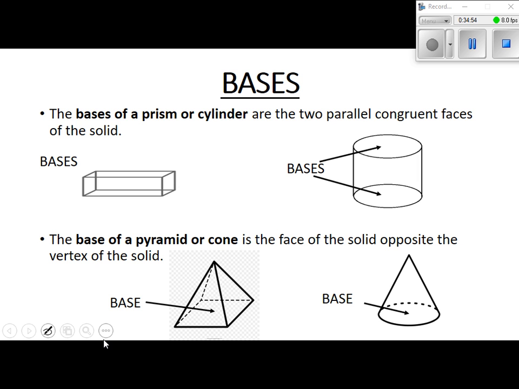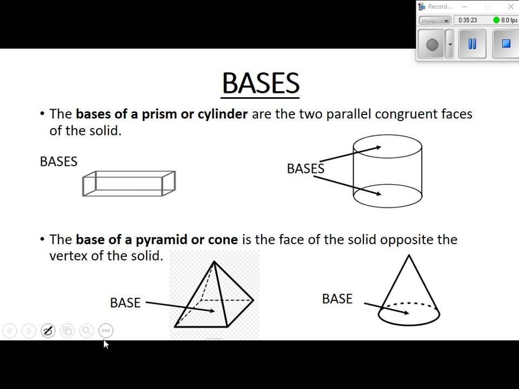Now, does that mean this is the base? It could be. Could I stand it up this way and this be the base? It doesn't matter on this one which one the base is, because the two that are across from each other are always exactly the same. So on a rectangular prism, or cube, it doesn't matter which one you consider the base.